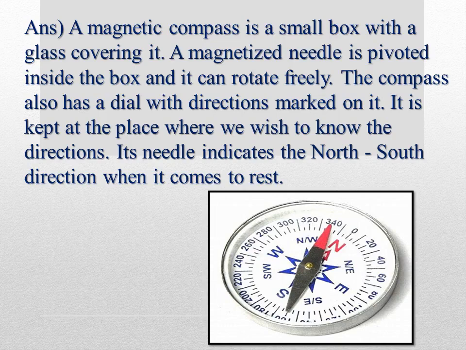A magnetized needle is pivoted inside the box and it can rotate freely. The compass also has a dial with directions marked on it. It is kept at the place where we wish to know the directions. Its needle indicates the north-south direction when it comes to rest.